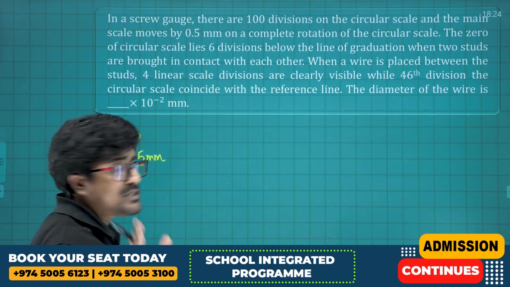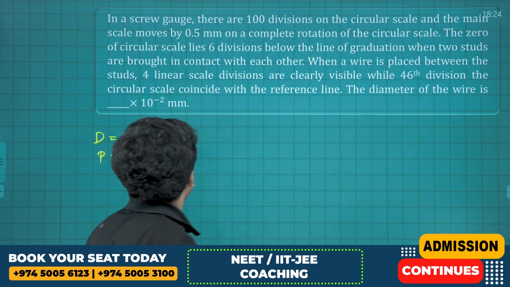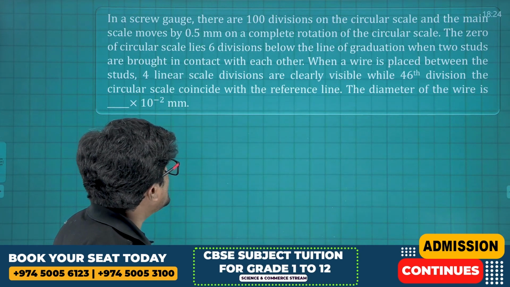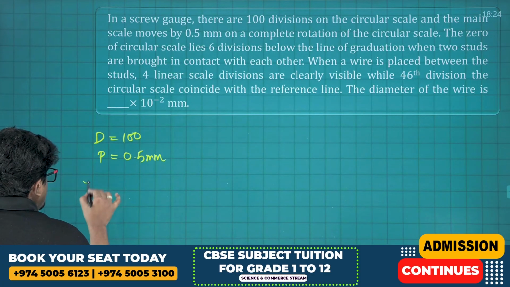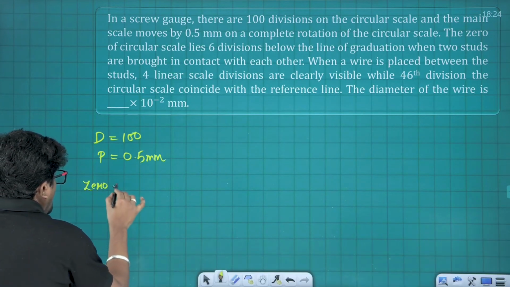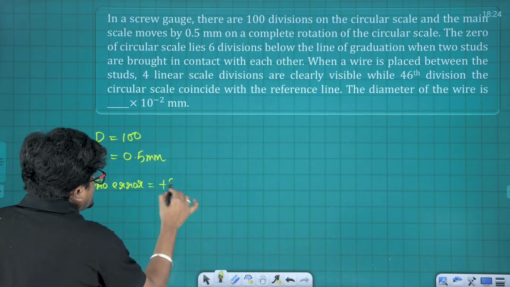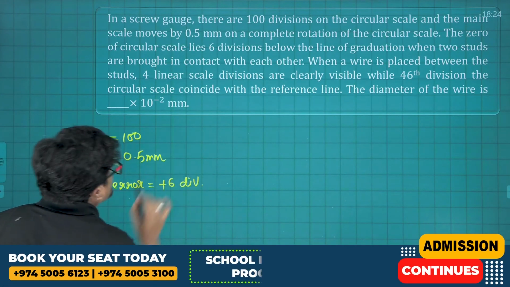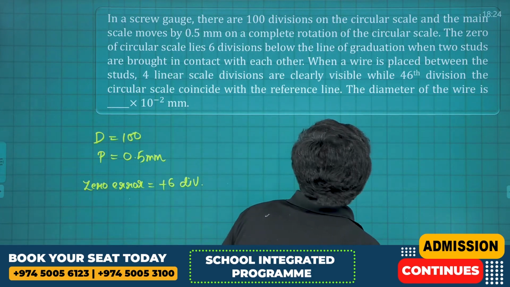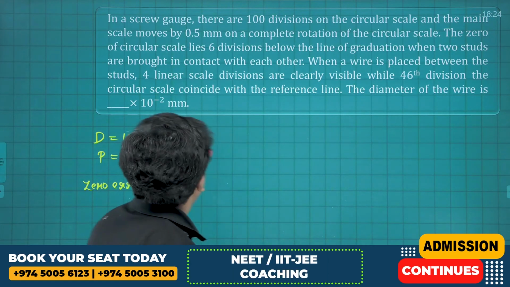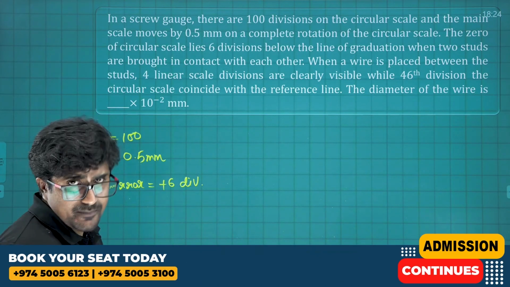Now the zero of the circular scale lies 6 divisions below the line of graduation. That means the zero error is equal to plus 6 divisions.